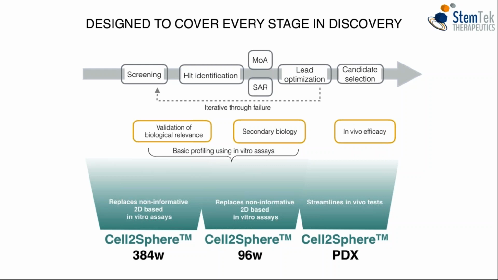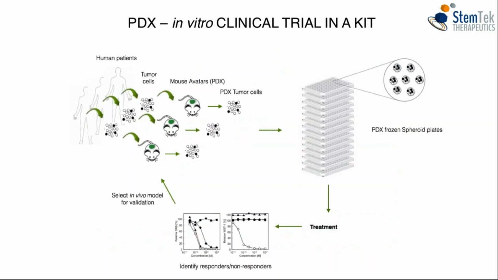These PDXs are patient-derived xenografts grown in mice, which allows us to amplify the size of tumor samples that we get from patients. And this has already been reported to resemble pretty much the same gene expression patterns and behavior of the tumor in the patient. So the idea here is with the tumors that we grow in mice, we get this material and produce plates that are frozen down, and they are delivered to you frozen.